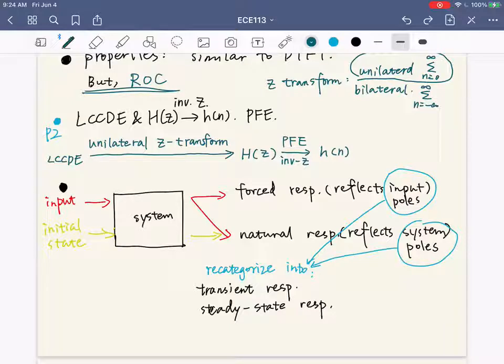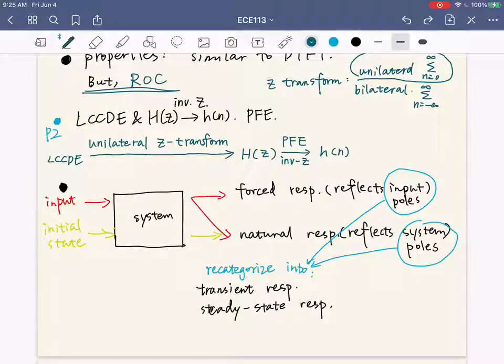We have two parts. The first part is the forced response, which reflects the input characteristic, which is basically the input pulse. And then the other part from the input is the natural response. And natural response is ignited by the system itself. So it reflects the system's pulse, okay?